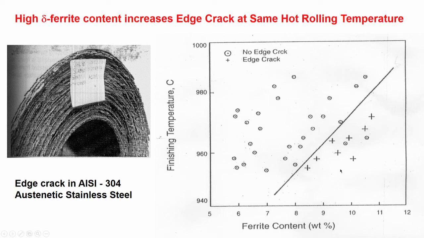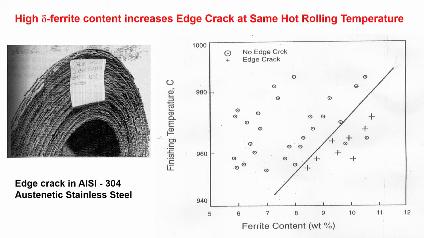So, this is the way out. We know from the chemistry, because the chemistry will dictate the ferrite content, and if we know that ferrite content is slightly higher, say more than 8%, then we should finish it at higher temperature so that we do not get edge crack.